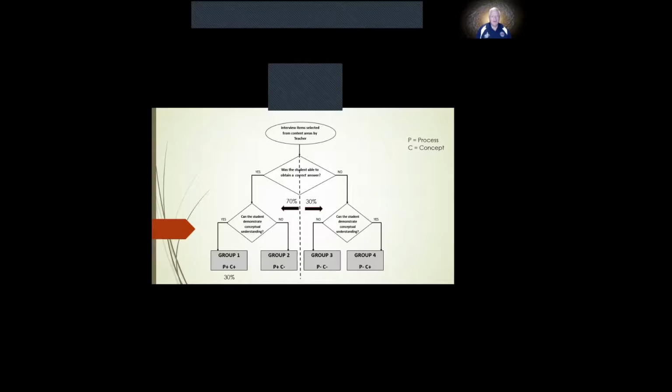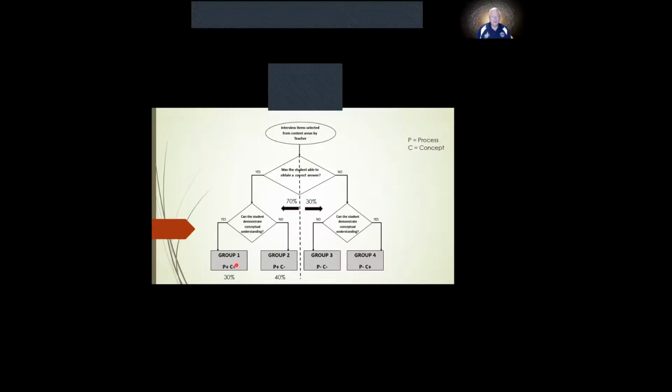Well, that means then that of that 70% of the total, 40% are in group 2, and this should be concerning for us. It means then that the assumption of the test is not being met. The assumption of the test was that if you get a correct answer, you should also understand what's going on.